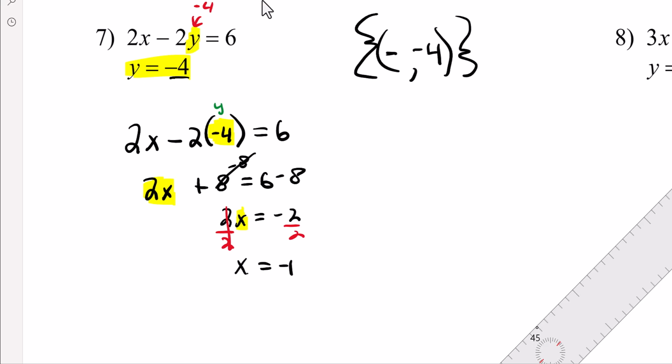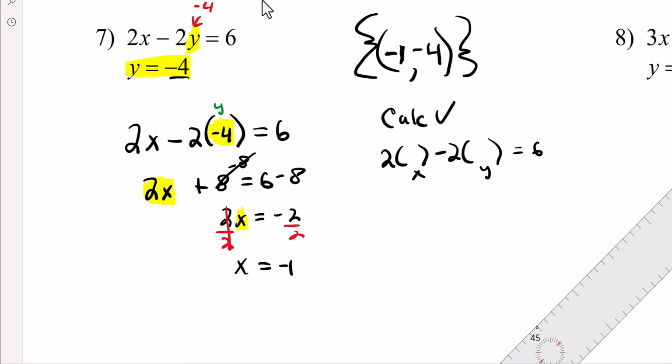Oh, and I forgot to tell you on the previous one, you do need to double check. This is just a calculator check. You don't need to write it on your paper. So the only equation we have now that we have to check is 2x minus 2y is equal to 6.